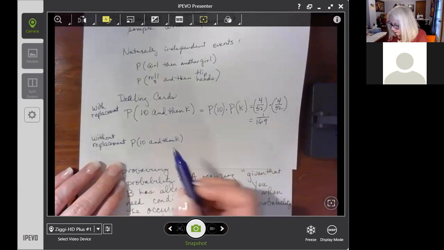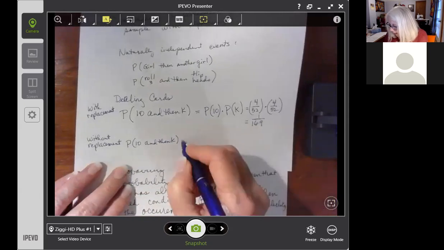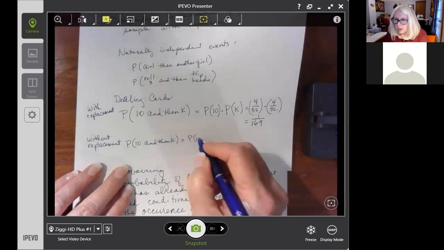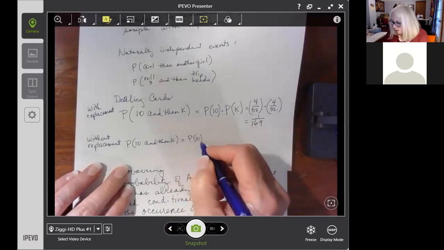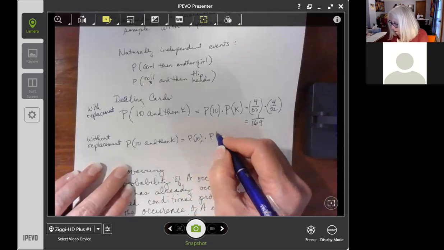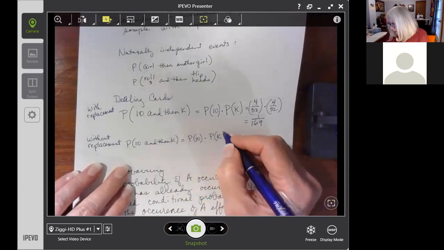So that is the probability of dealing the 10 out in the first dealt card times the probability of dealing a king given that I've dealt a 10.